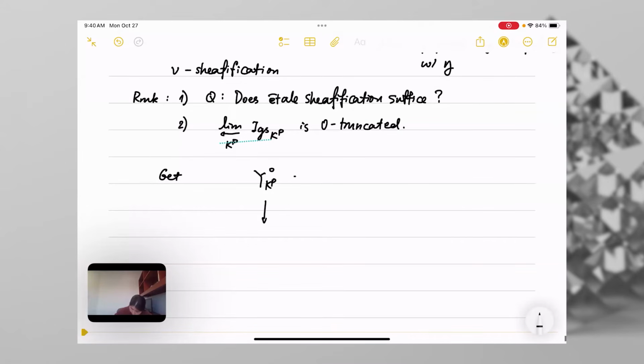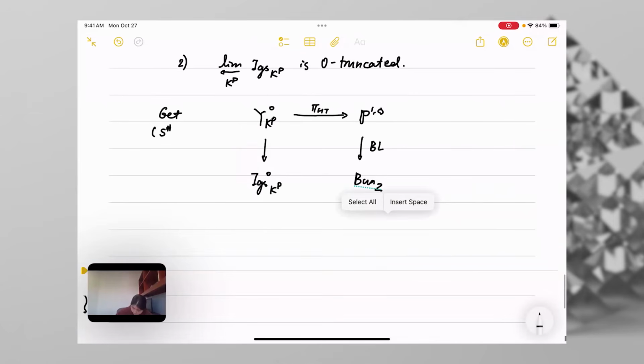Namely, we already have the Hodge-Tate map, we have the Beauville-Laszlo map, and we have a map from the modular curve to the Igusa stack just by taking the reduction of the elliptic curve.